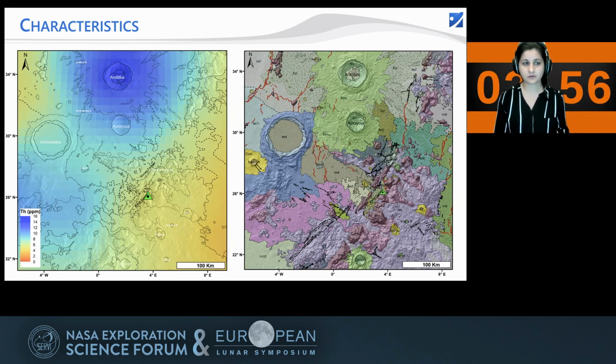However, the pure thorium anomaly we noticed around Aristoteles crater, and the extent of this anomaly is very consistent with our mapping units as well. So it means that if there is KREEP-rich material near the landing site, it is possibly coming from Aristoteles crater.